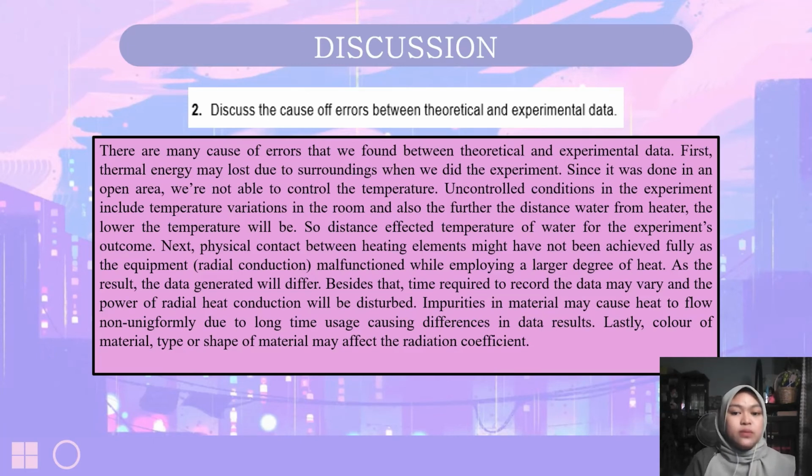Impurities in the material may cause heat to flow non-uniformly due to long time usage, causing differences in data result. Lastly, color of material, type or shape of material may affect the radiation coefficient. I think that's it from me, and I will pass it to the next presenter. Thank you.